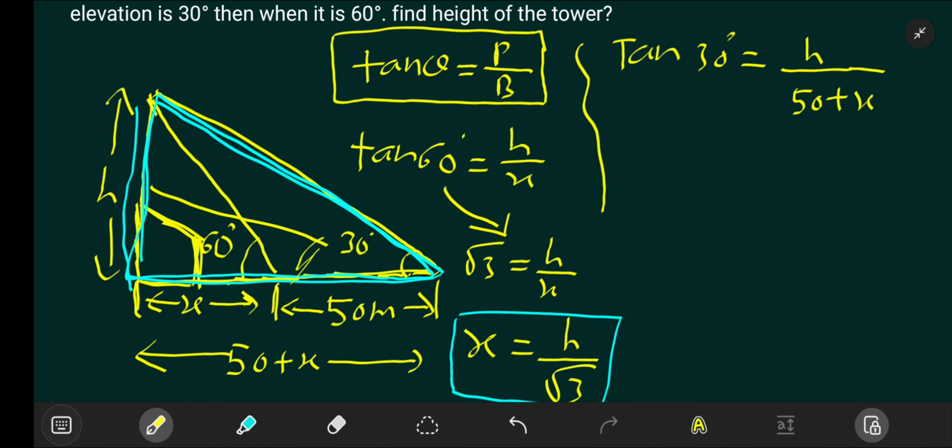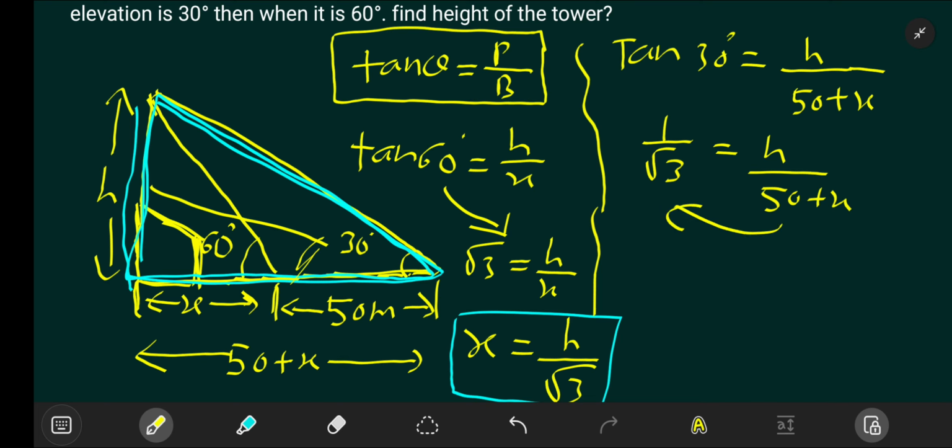Now what is tan 30 degrees? Tan 30 degrees is 1 by root 3, that is equal to h upon 50 plus x. Send this root 3 to the right hand side.